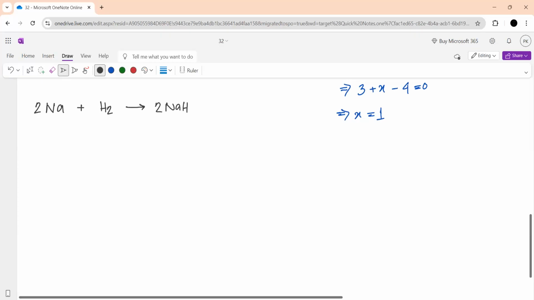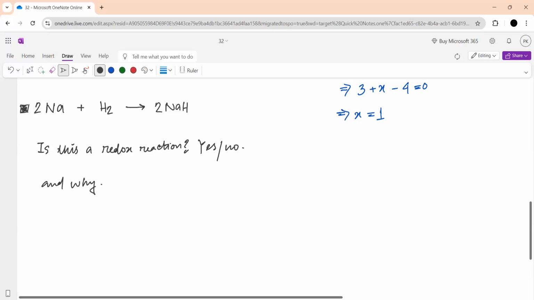And you have to tell me, is this a redox reaction? Yes or no? And why?